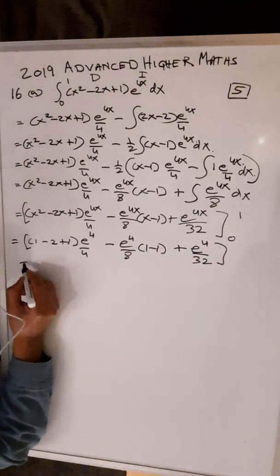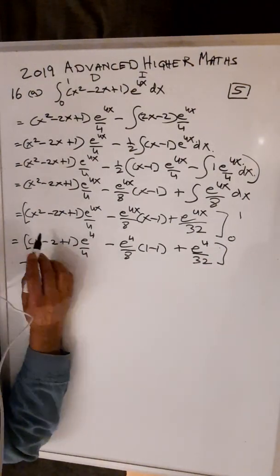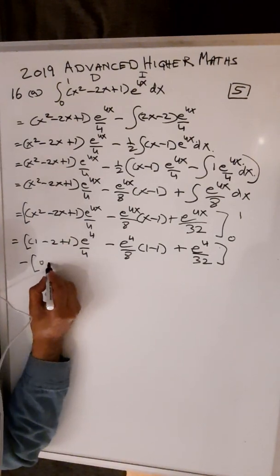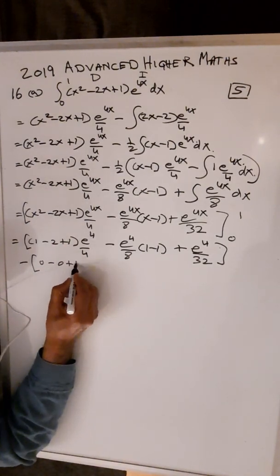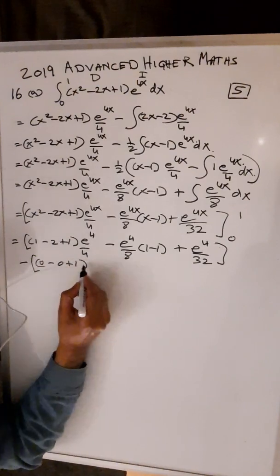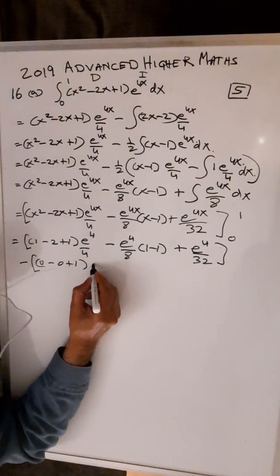Now you're going to put in the 0, minus 0 minus 0 plus 1. E to the 4 times 0 is just e to the 0. E to the 0 is just 1.